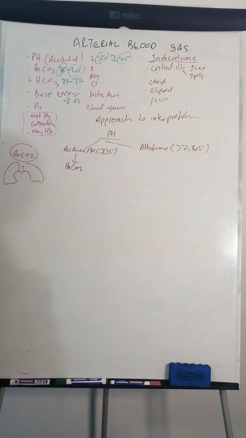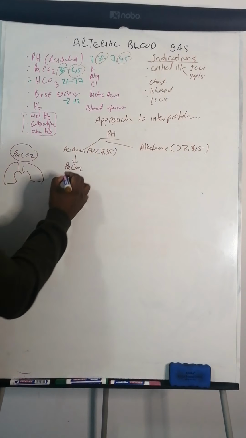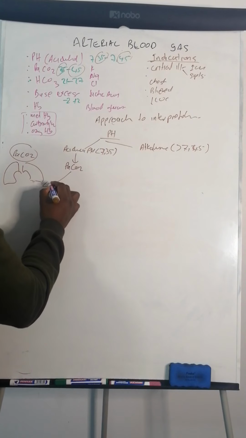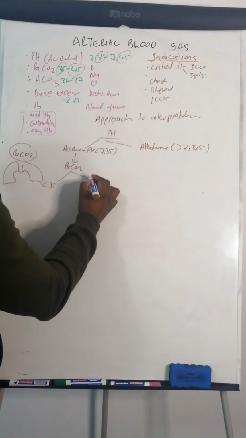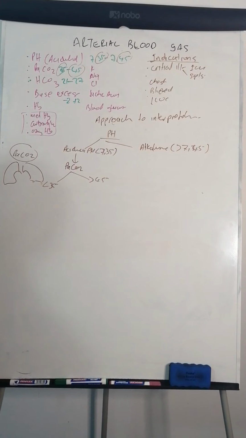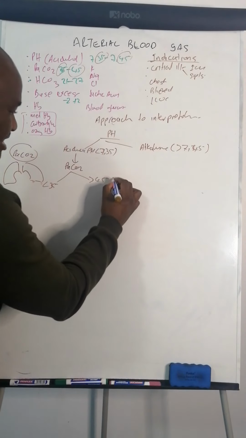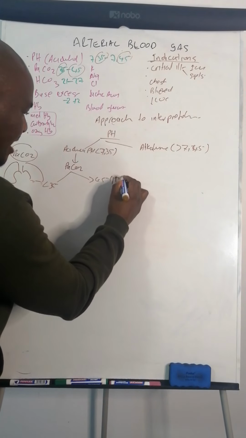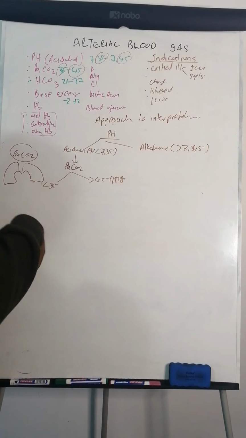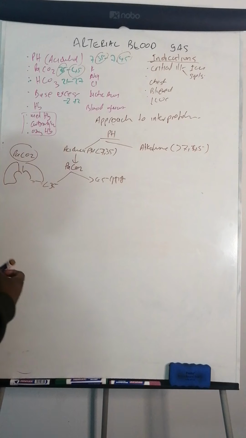So you look at your partial pressure. Let's say now my partial pressure here is less than 35 and this side is more than 45. A partial pressure that is more than 45 means that it's high. My partial pressure is high, which means that my body is retaining a lot more CO2 than it's supposed to be retaining.